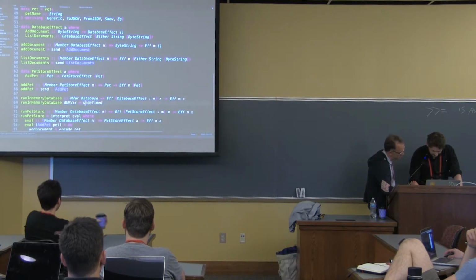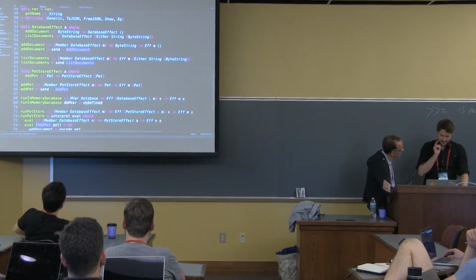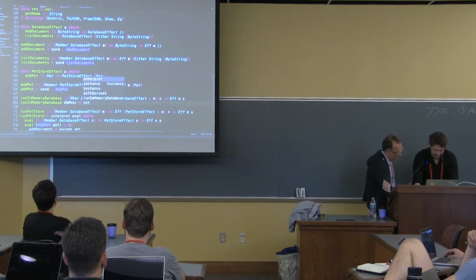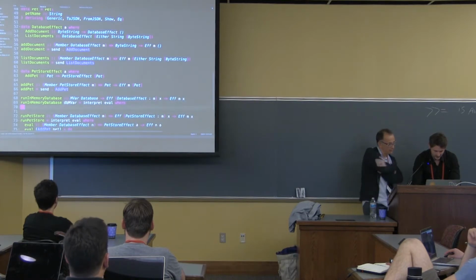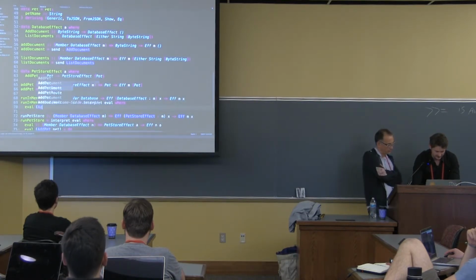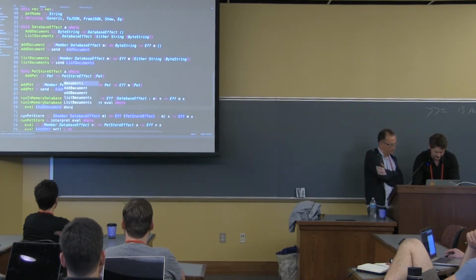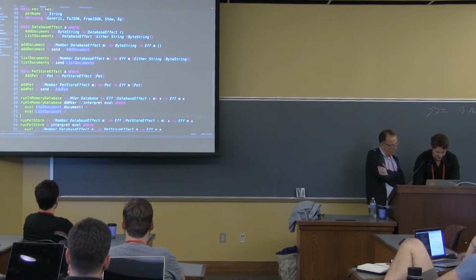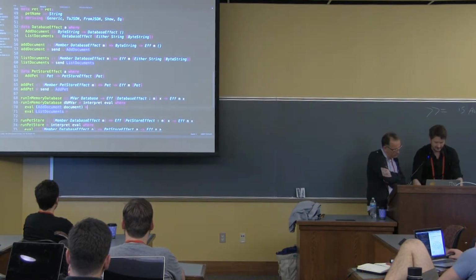Okay, so let's do the same. Run in memory database. Okay, so what do we do? We interpret. Yeah. And we define our eval. Where eval handles the add document of a document, and it also handles the list document of.